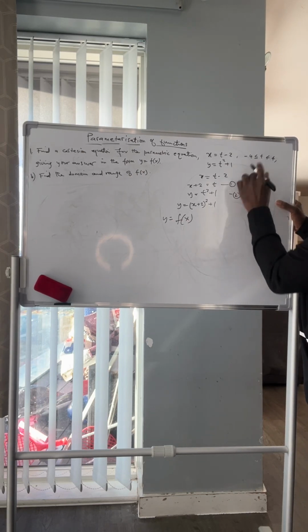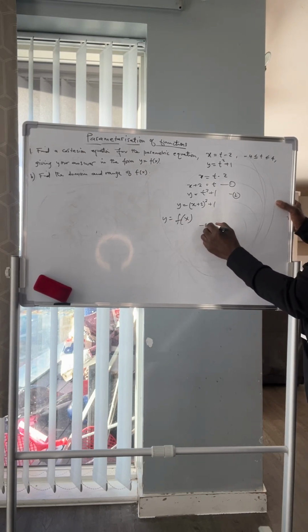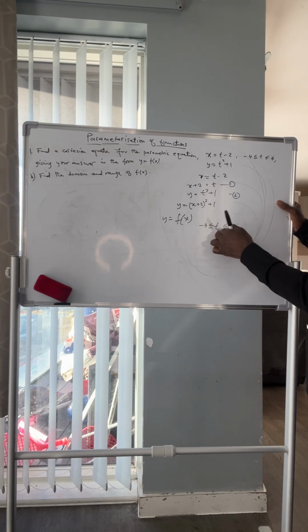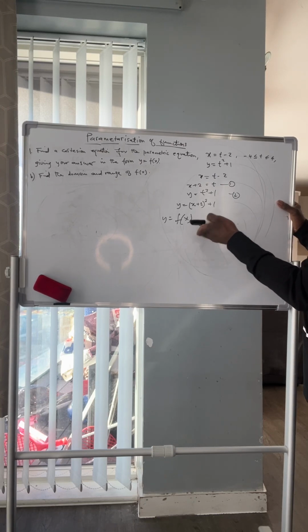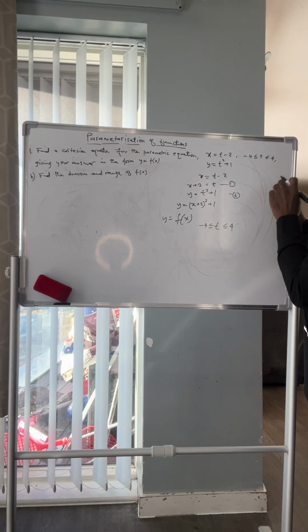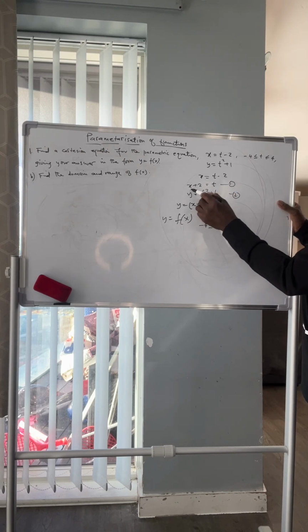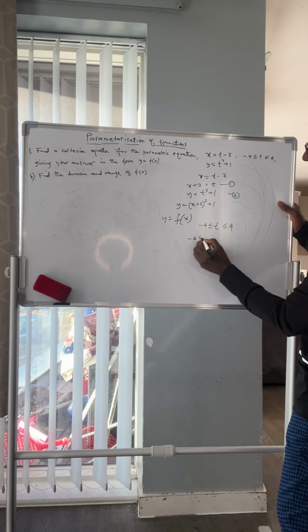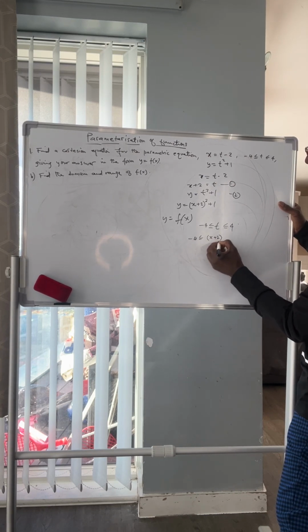You have here minus 4 less than or equal to t, and t is less than or equal to 4. But we know from here that t equals x plus 2. So we now have minus 4 less than or equal to x plus 2.